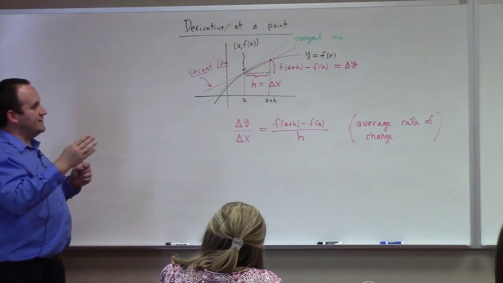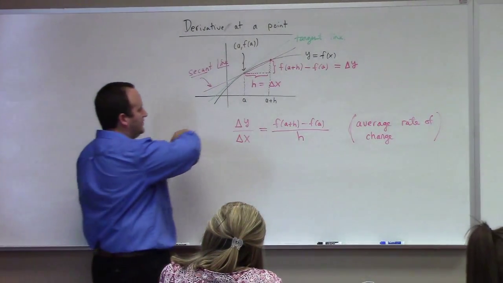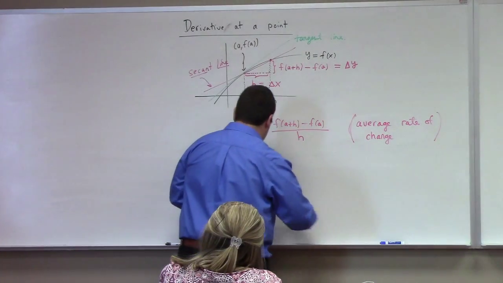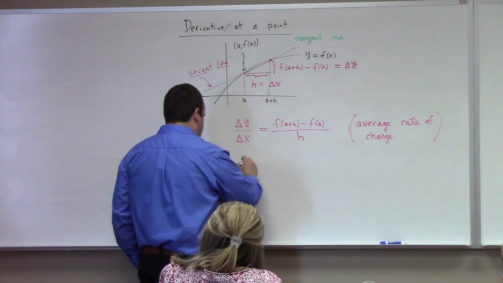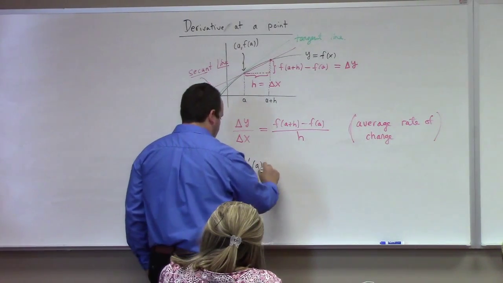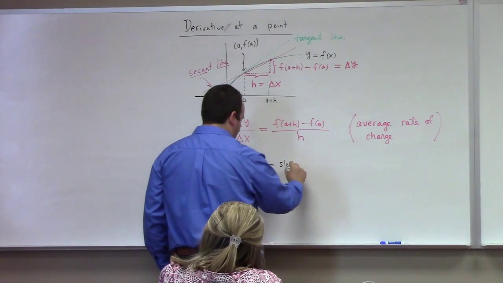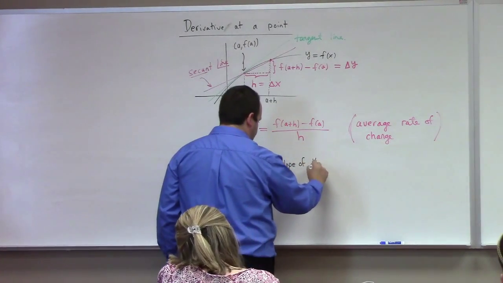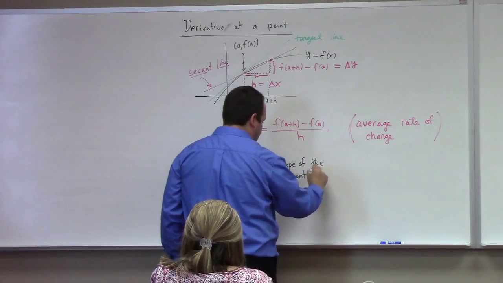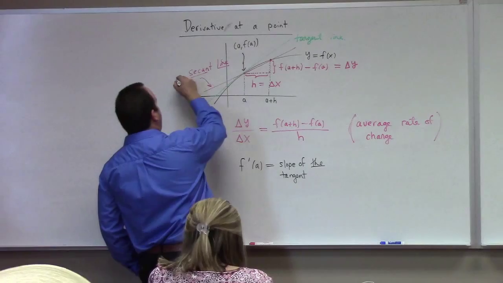But the tangent line, it's unique, right? And the way to get the tangent line, the slope of the tangent line in particular, is this. The notation is f prime of a, which is, by the way, the slope of the tangent line. And I say the tangent line. This is just a secant line.